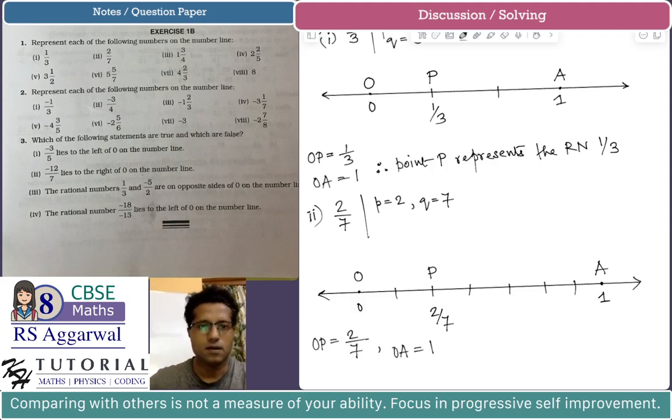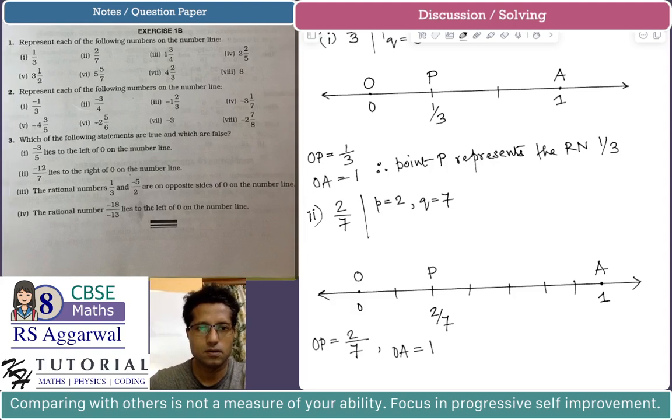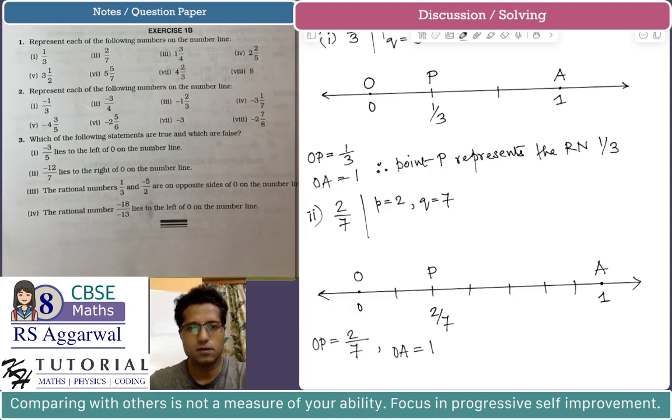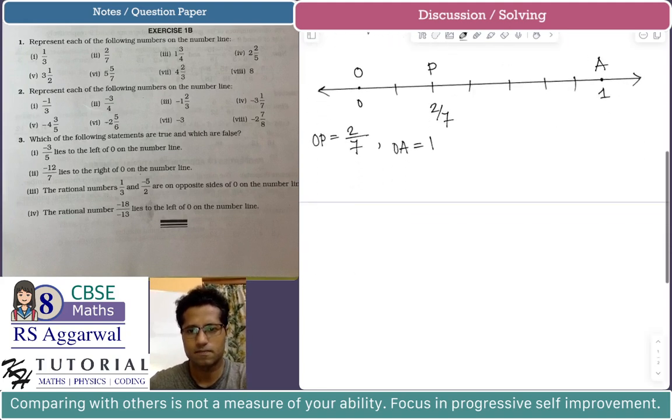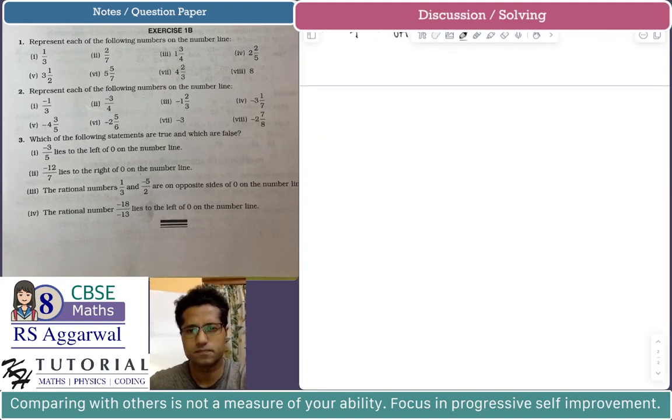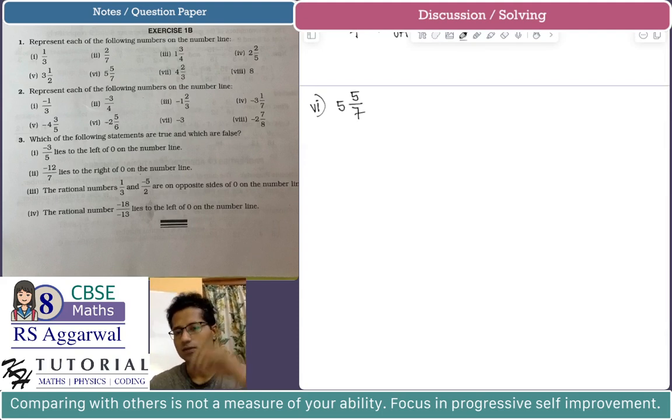Okay, let's do part 6. This is 5 and 5/7. So this is a mixed fraction. This is a positive rational number in the form of a mixed fraction. A mixed fraction is an improper fraction.